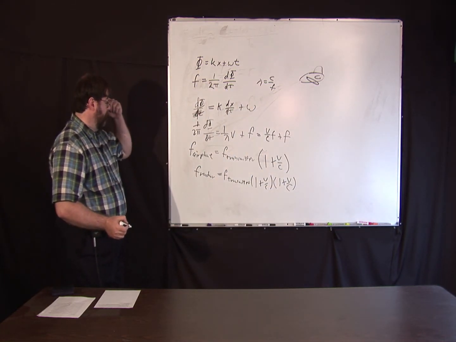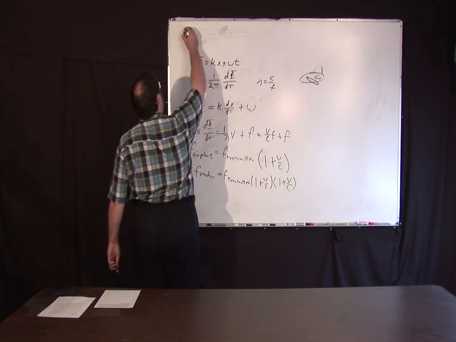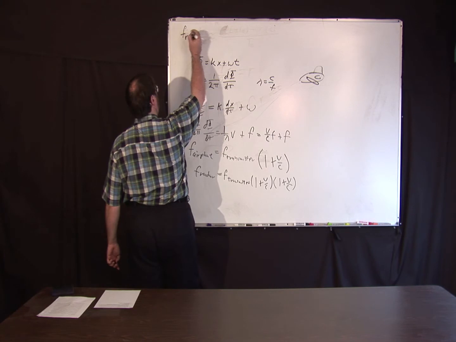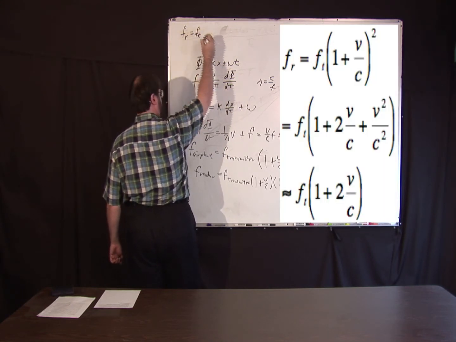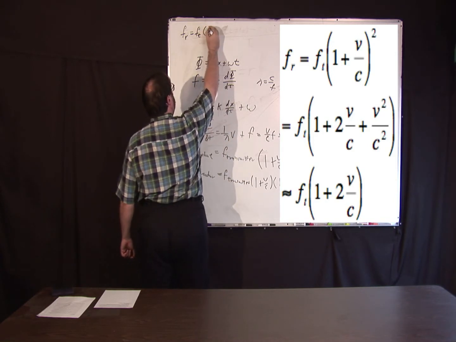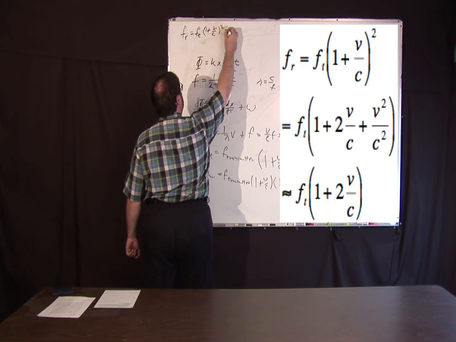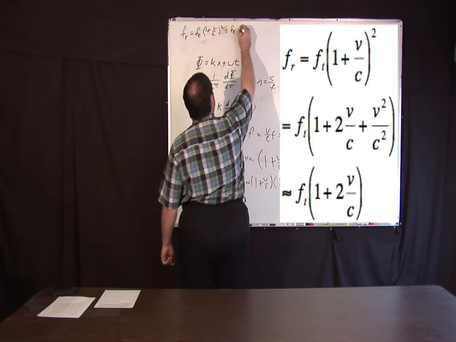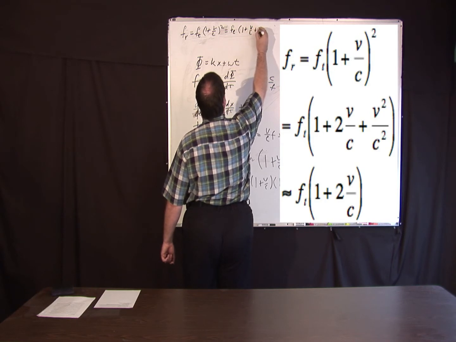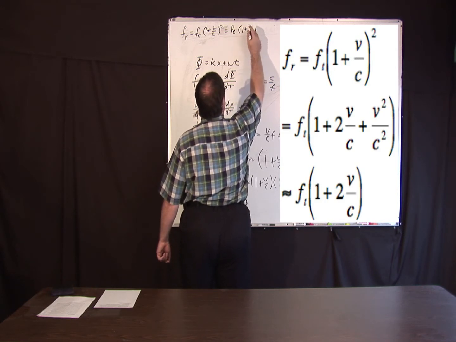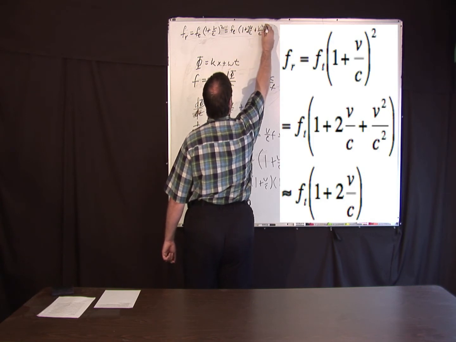So we've got the received frequency, we'll call it FR to make it easier to write, which equals F transmit times (1 plus V over C) squared, which equals frequency transmit times 1 plus 2V over C plus V squared over C squared.